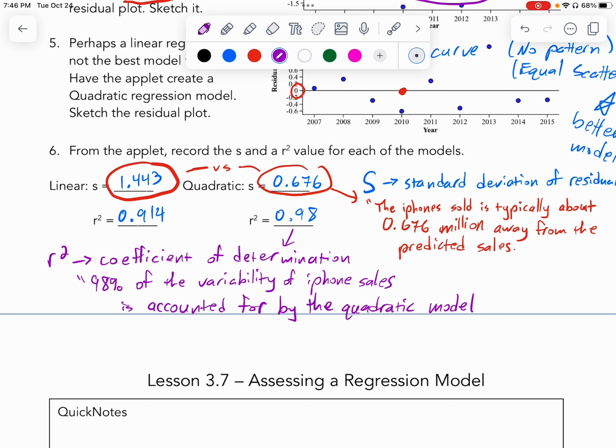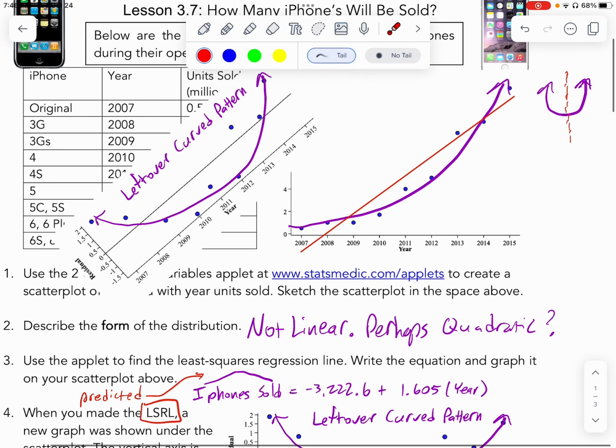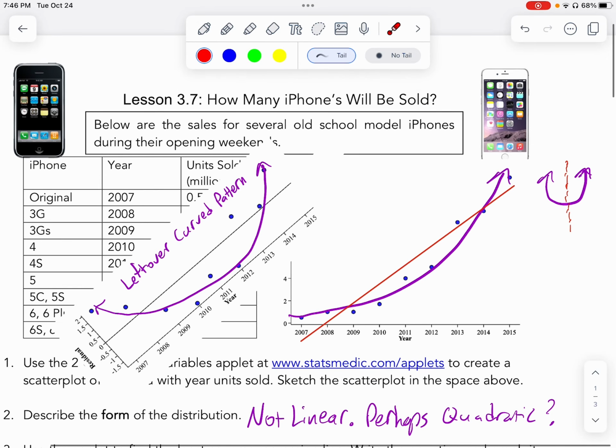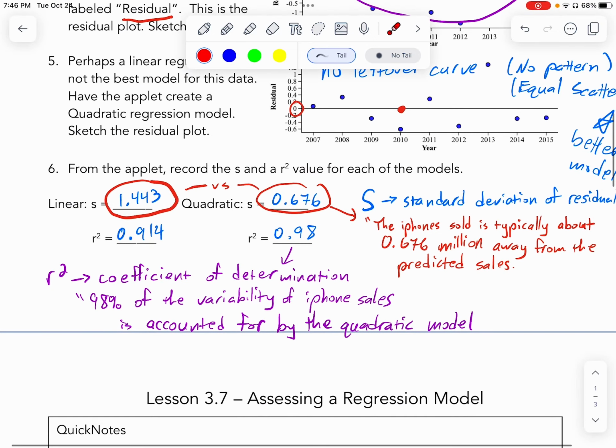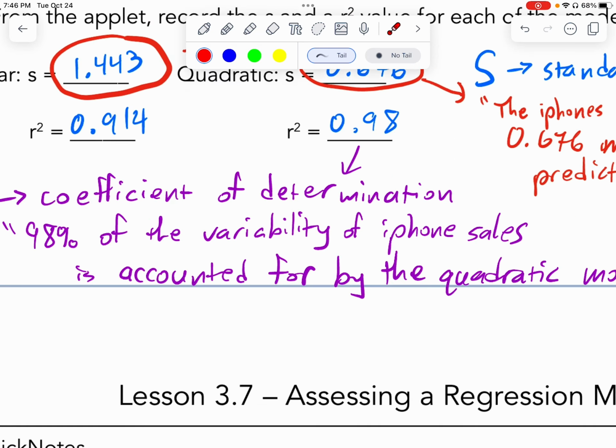The higher the percentage, the better. You want to be able to account for all of the variability from year to year. From way back up at the top, from 2010 to 2011, there's variability. You want your model to accurately predict that increase from 2010 to 2011. So the higher R squared is, the better.